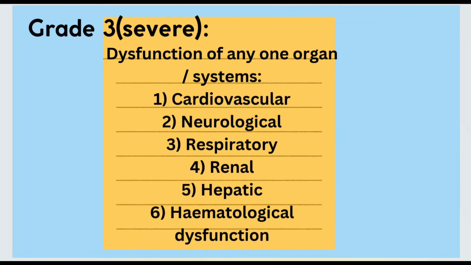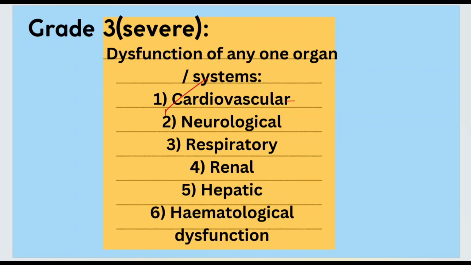Third one is grade 3, also known as severe cholecystitis, severe acute cholecystitis. Here there is dysfunction of any one organ or system. That failure can occur in severe cholecystitis. First one is cardiovascular dysfunction. So what happens?